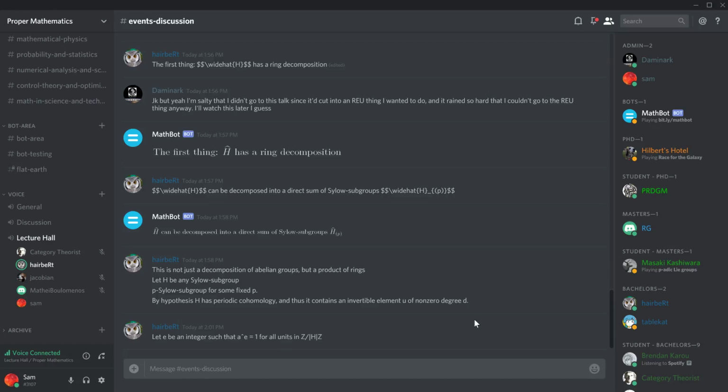Now we're going to get a bit into transfer maps, but you'll just have to accept them. Does anyone here not know what a transfer map is? In the talk I defined the restriction map, which is induced by the inclusion of groups. And the transfer map is a map that goes in the other direction.